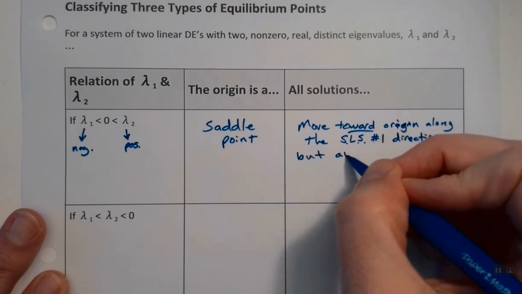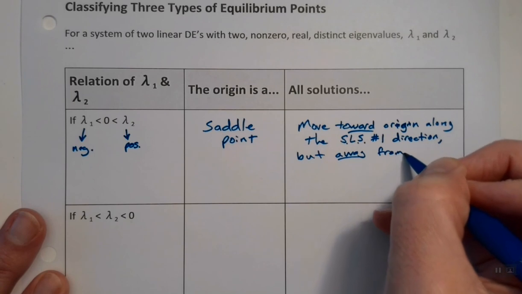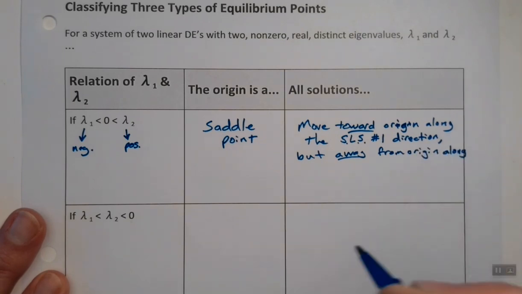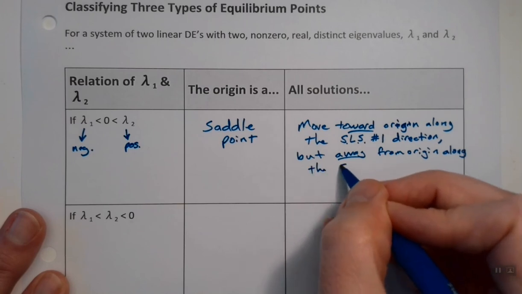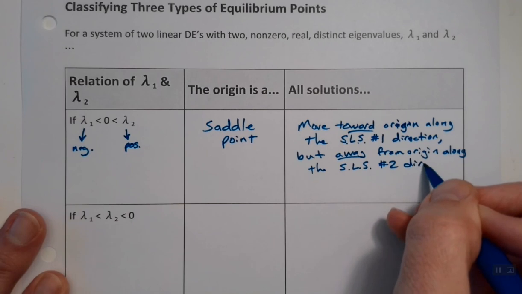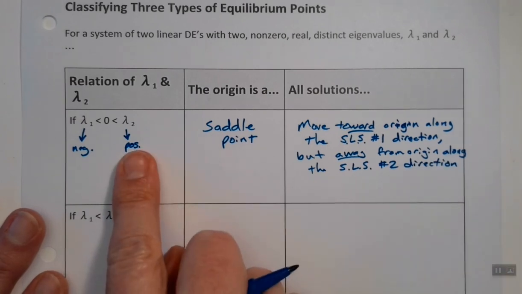But away from the origin along the straight line solution number 2 direction, because that one's positive. And so kind of putting those together.